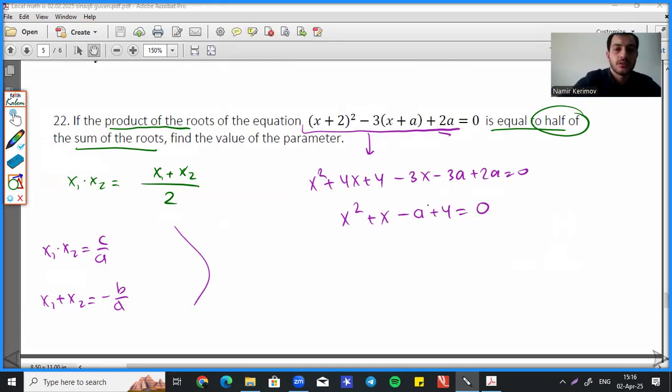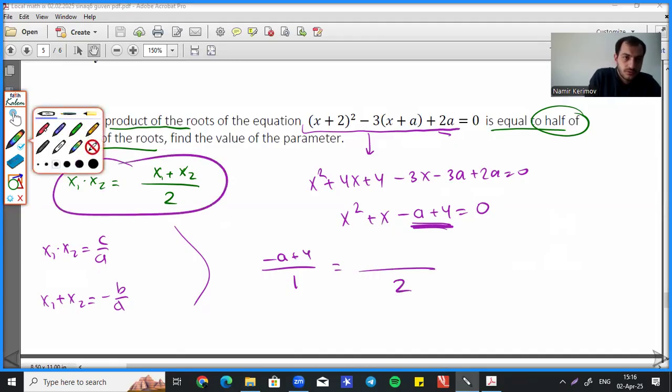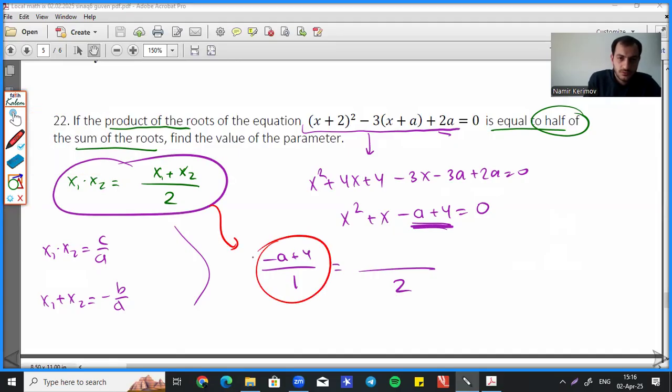So then we can say the product is c over a. Product of the roots is equal to sum of the roots divided by 2. So negative a plus 4 is equal to negative 1/4.